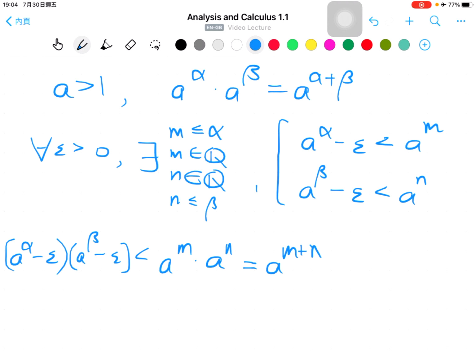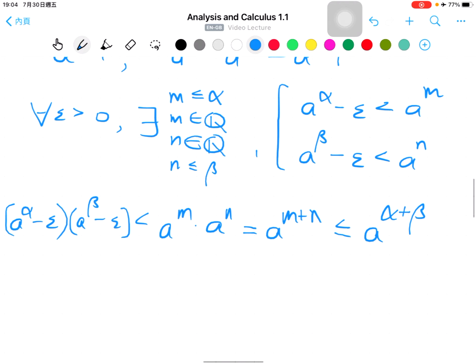If you want me to do the proof, I can do it in the next video, but still, let's just assume this as a given fact first. It's strictly increasing. M is smaller than alpha, n is smaller than or equal to beta, so m plus n is going to be smaller than or equal to alpha plus beta. So this a raised to m plus n is also going to be smaller than or equal to a to the alpha plus beta.